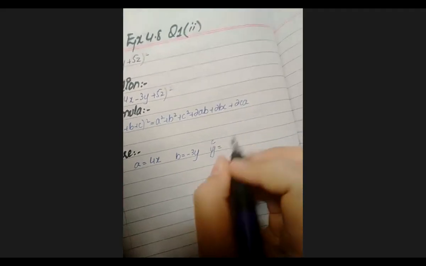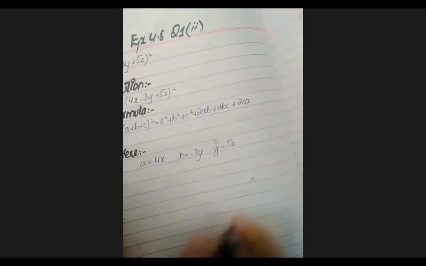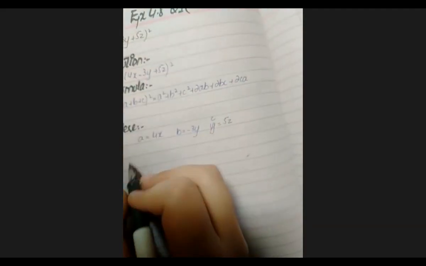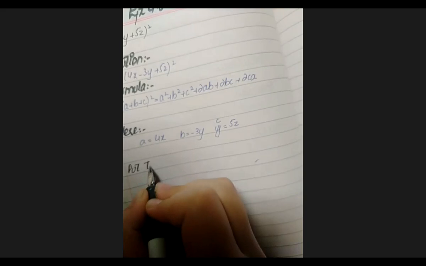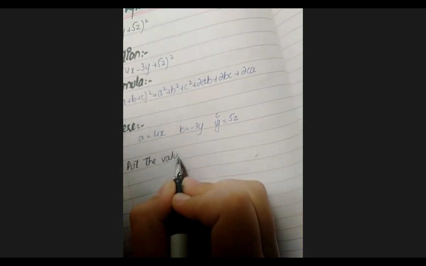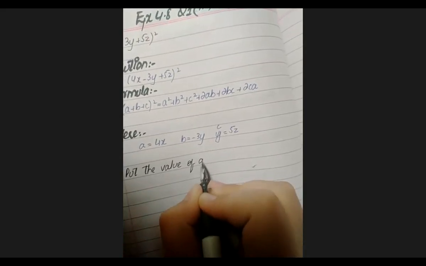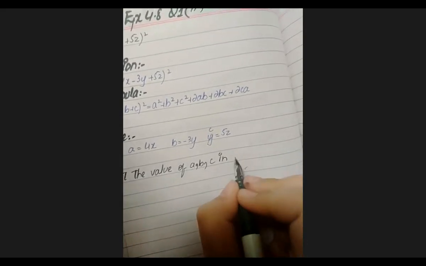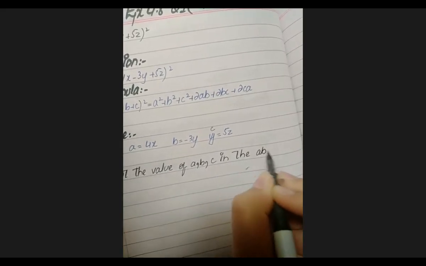C. This is C. C is equal to 5z. Very good. Now, next what you have to do, put the value of a, b, and c in the above formula. Mehda, where is the camera, beta? Okay, fine. Good one.